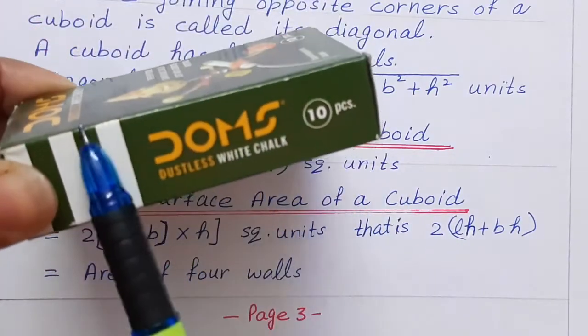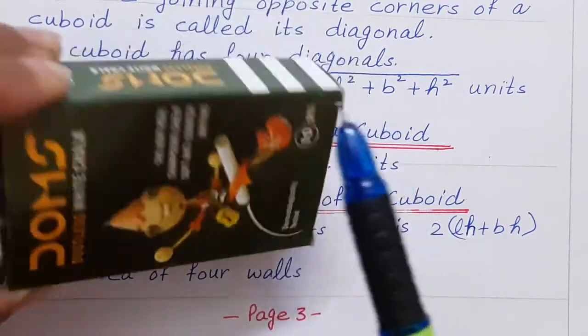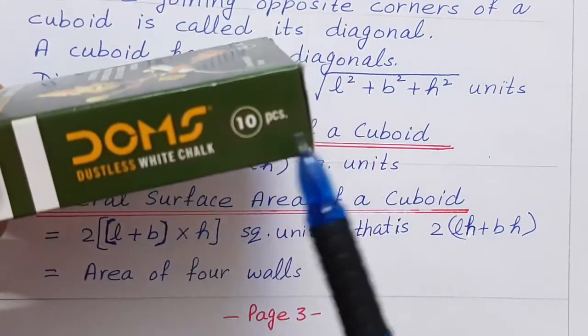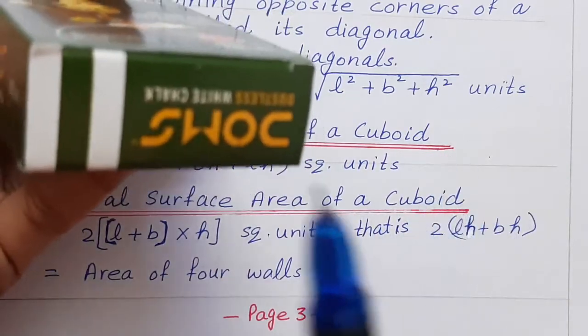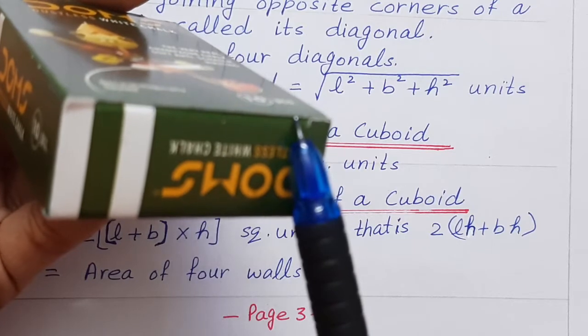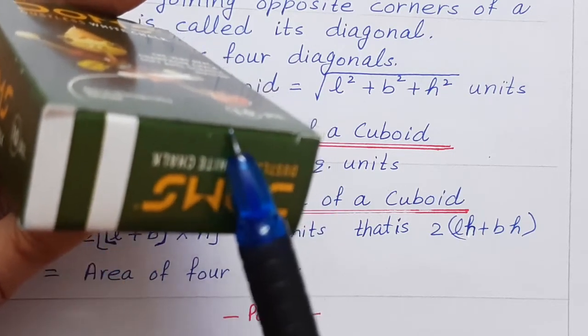Now length into height, and similarly on the back side also length into height. So 2 times LH. Similarly, then height into breadth. So 2 times HB.